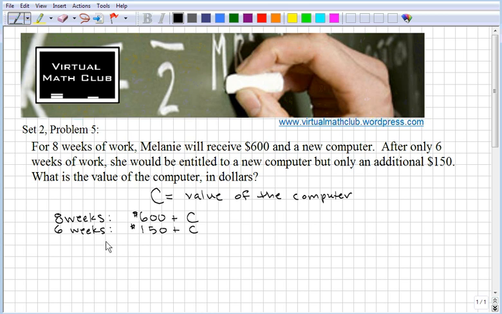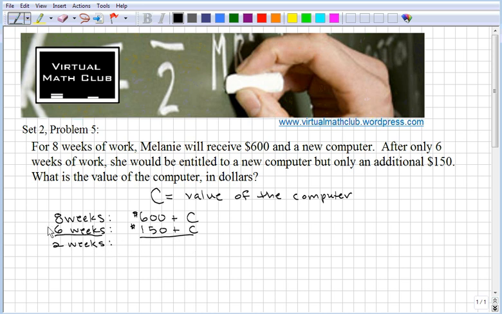So the one thing we could do is take the difference of these two things. This is how much she would get paid for 8 weeks, this is how much she would get paid for 6 weeks. If we took the difference of those two, you would get how much she would get paid for 2 weeks.